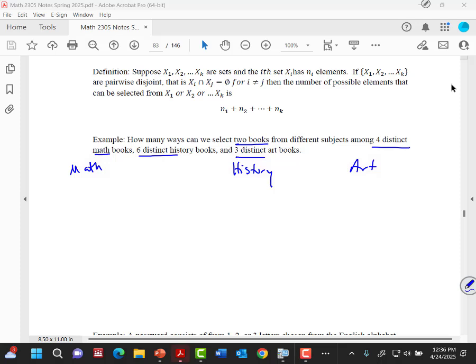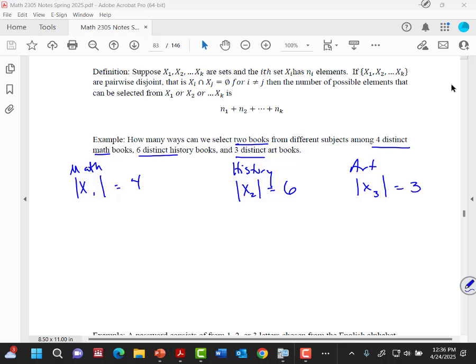I'm simply going to call math set x1. Now, how many different math books are there? Well, 4. So the size of x1 is 4. History, we'll call this x2. How many different history books are there? That would be 6. And art, we'll call this x3. So the size of x3 would be 3.